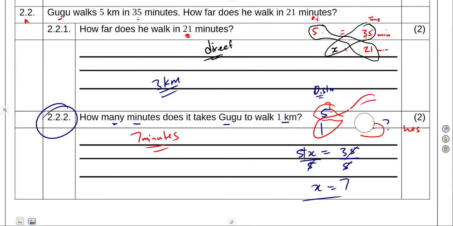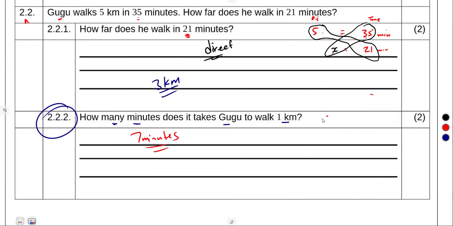Or you can even use any way that you understand, right? If you say 5 is equal to 35, what about 1? If it is less, you know that you're going to take the lesser value over the bigger value. 1 over 5 times 35, which is going to give us 7 minutes. The same thing that we had here. Whatever you have is going to be less.